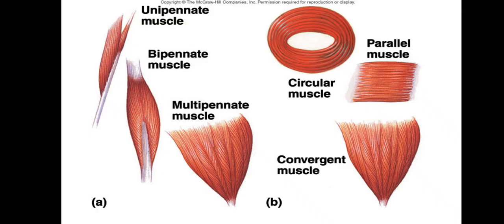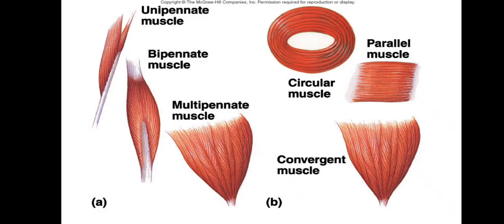Now, this picture here, which is showing the convergent muscle, is not really the best to show you the difference between multipennate muscles and convergent muscles. I'll show you the specific picture when I talk about convergent muscles. A convergent muscle is a type of muscle which has a broad origin. Remember the concept of origin and insertion that we talked about in part 1 of this system?